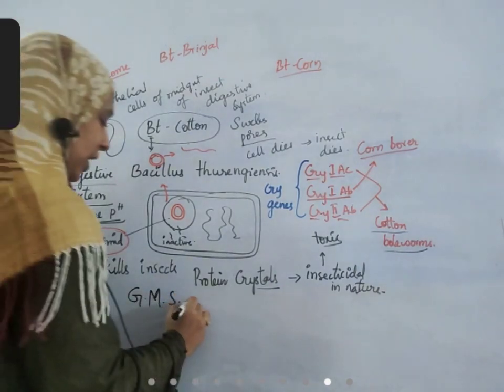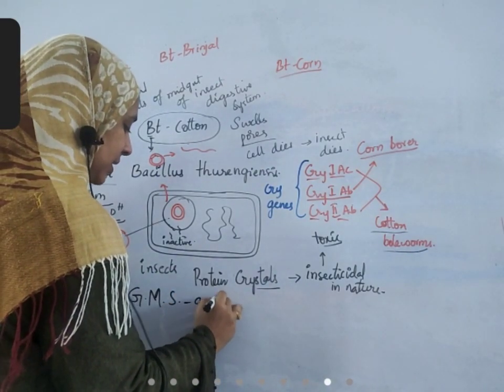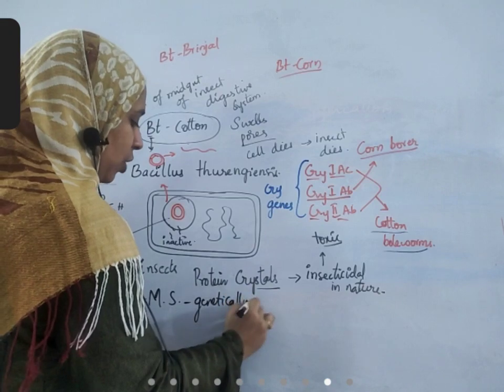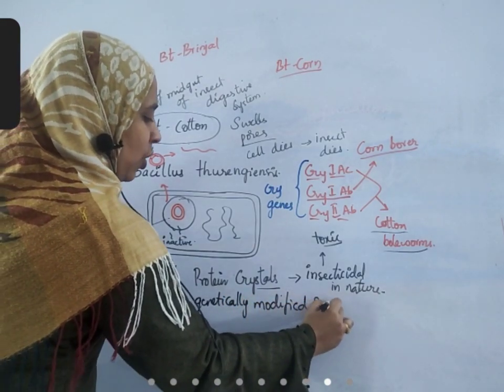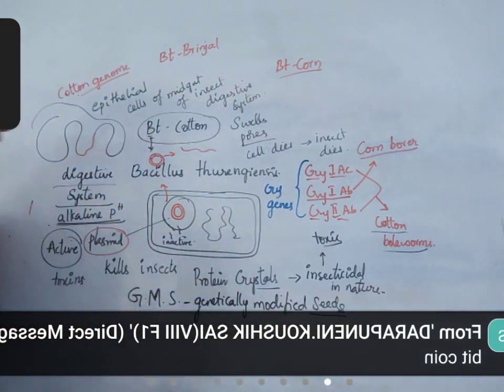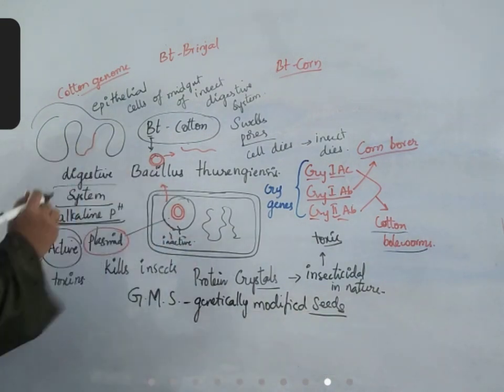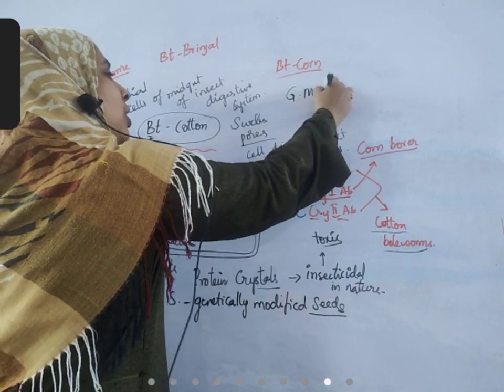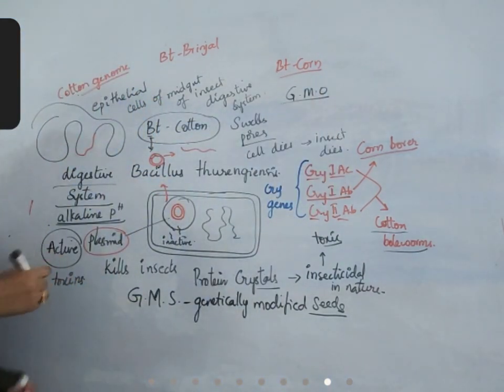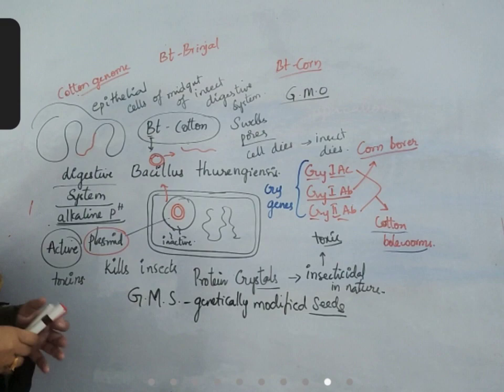Because this genetic modification is done in seeds, it is called genetically modified seeds. Sometimes genetic modifications are done in complete organisms. They are called genetically modified organisms. Okay, so this is one example of how biotechnology is used.